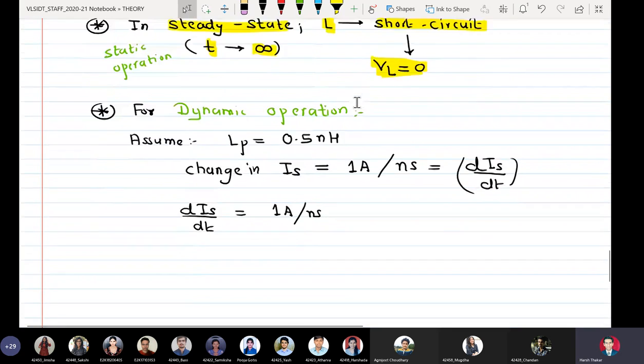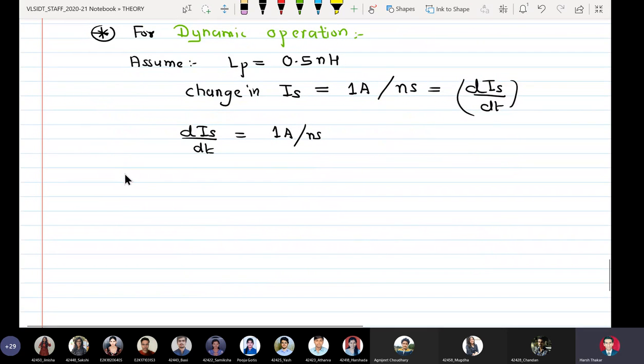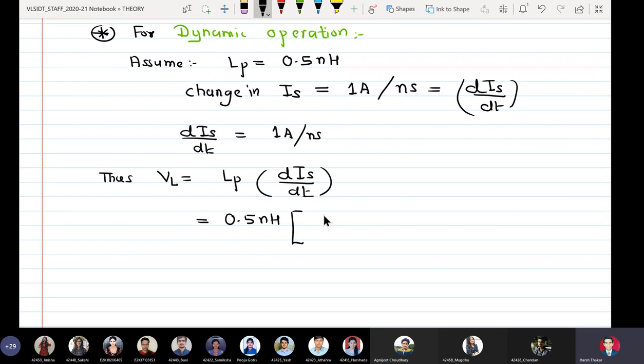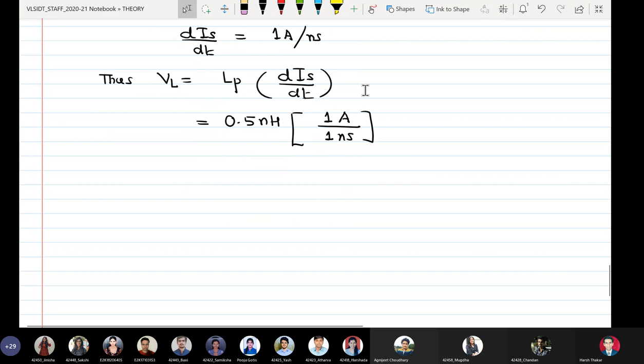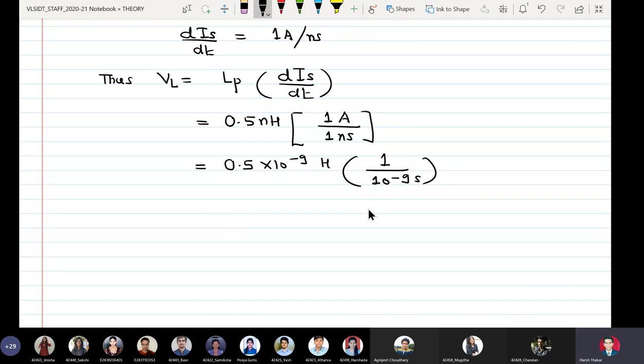So now we can calculate the value of VL. Thus VL is equal to LP into dis by dt, which is equal to 0.5 nanohenry into 1 ampere per nanosecond, upon 10 raised to minus 9 seconds.